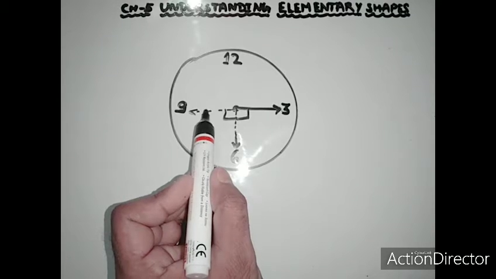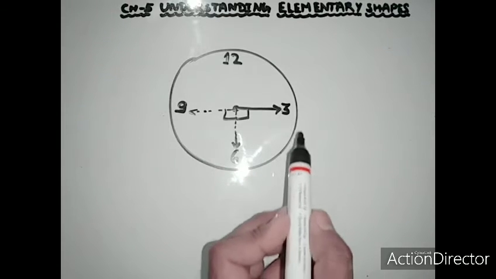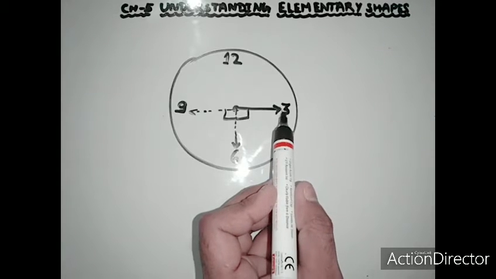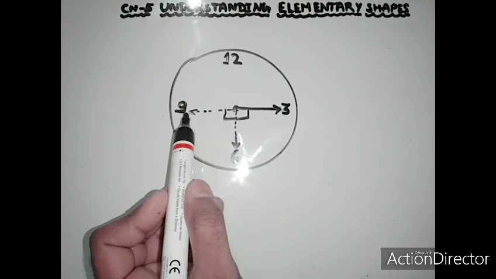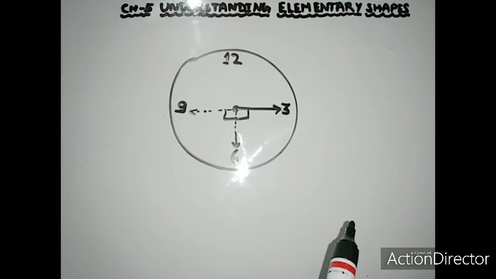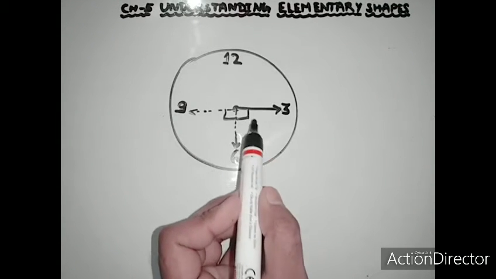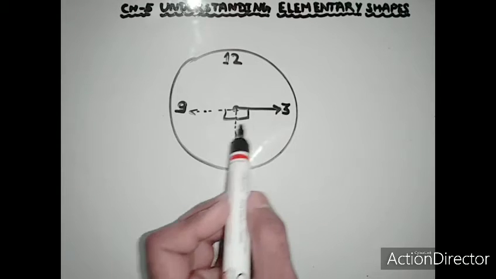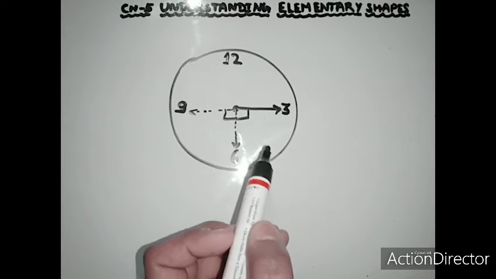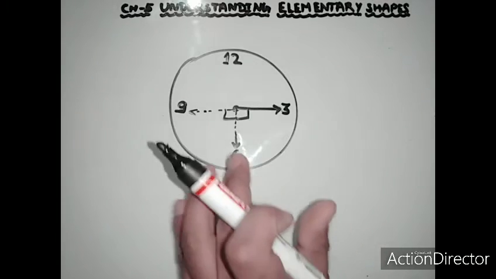So the degree of an angle formed by this minute hand when it moves 3 to 9, it forms 180-degree angle, right? And you can also add these two angles here, 90 plus 90 is equal to 180, right? Now here we take another example.